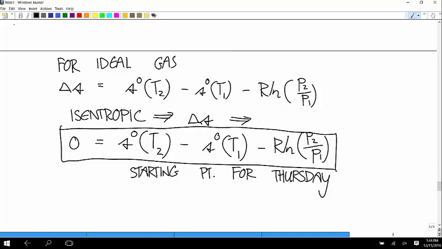Isothermal and isentropic. For a Carnot cycle, for any reversible cycle, they're synonyms. And the Carnot cycle is internally reversible. But if you have a cycle with irreversibilities, even if it's adiabatic, it's not isentropic. Any other questions? Okay, that's it.